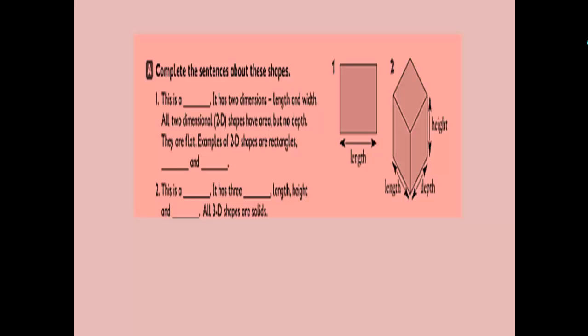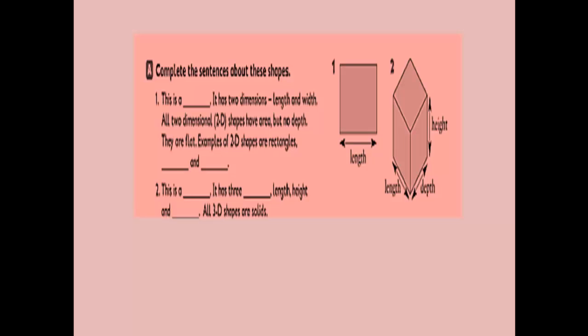It's a cube and it has 3 dimensions. Length, height, the first dimension is length, the second one is height, and yes, depth. It has depth. All 3D shapes are solids.